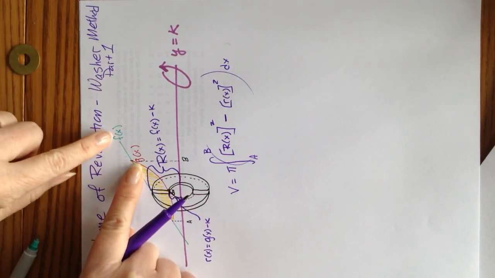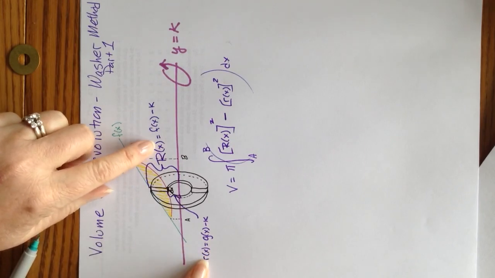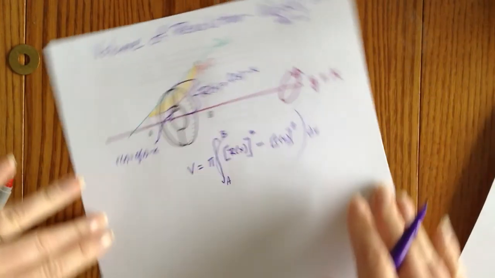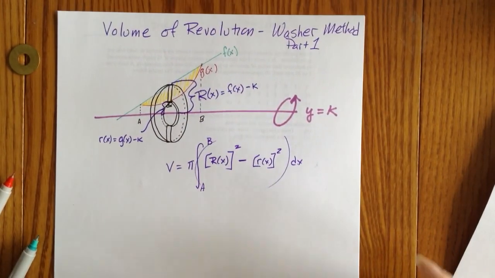And this will be g of y and f of y, and the radii will be functions of y. Because that's what makes it work. So, enjoy that theory. There it is. Hey, touch the paper with your fingers. It helps. I'm not even kidding.